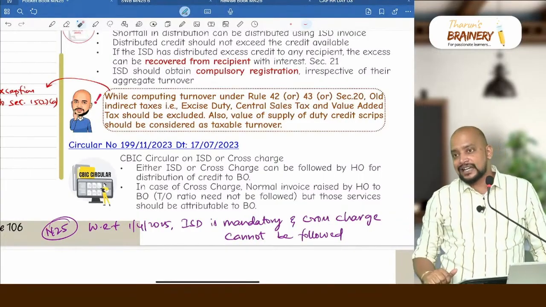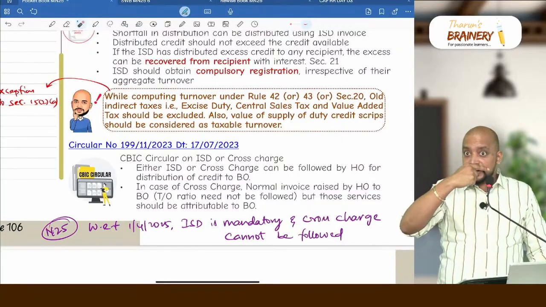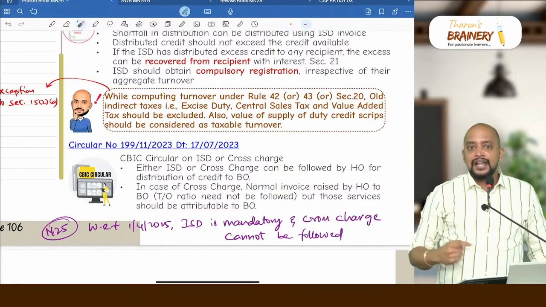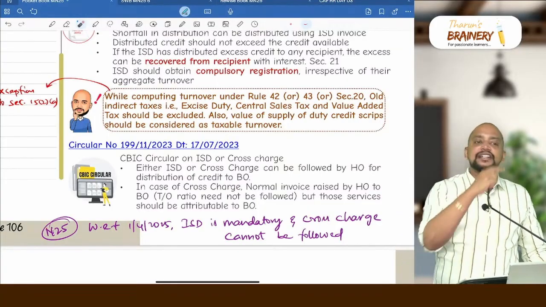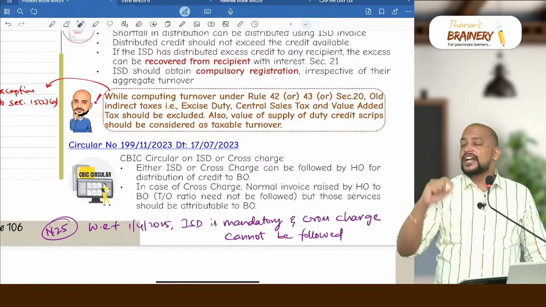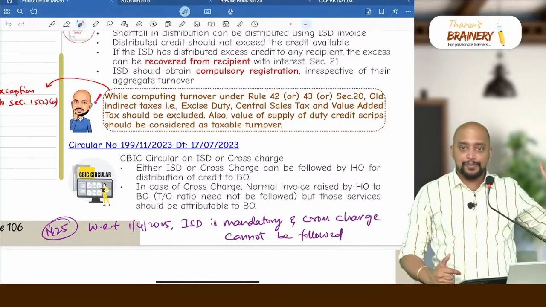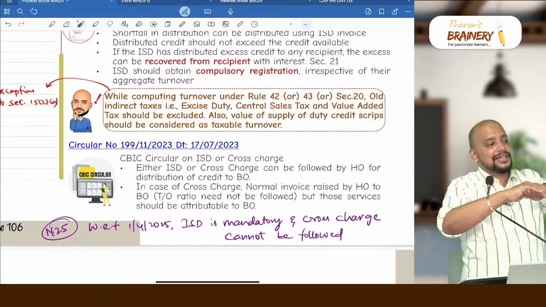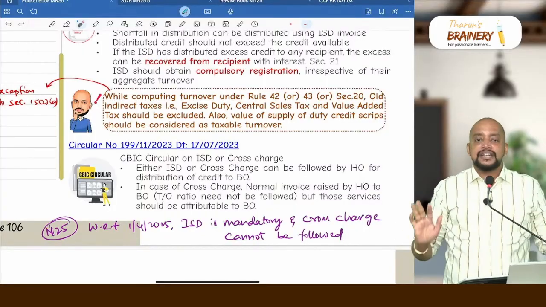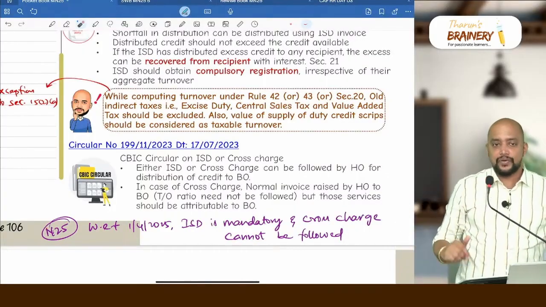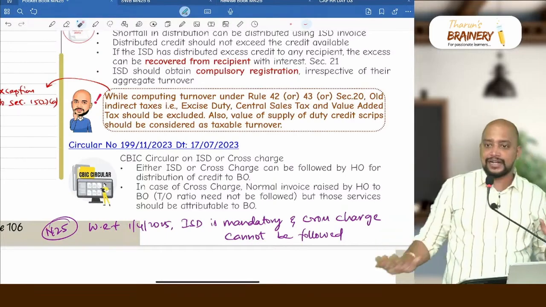There was no clarity at that time, so it was required to raise invoice and e-way bill, and unnecessarily they needed to pay GST on that. Now that is also clarified: due to replenishment of the stock, just a delivery challan is sufficient, they don't have to raise any invoice. E-way bill of course is required, but it is a delivery challan and will not be treated as supply.